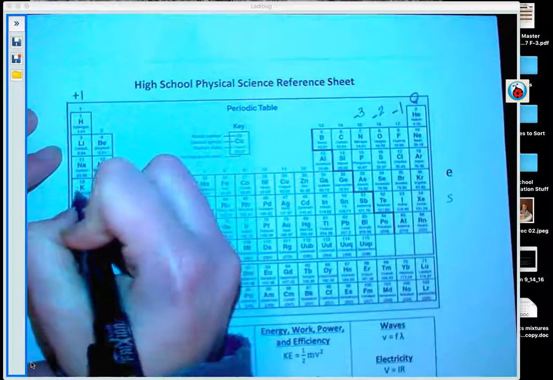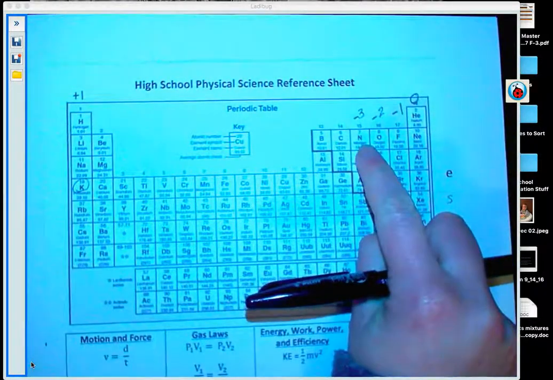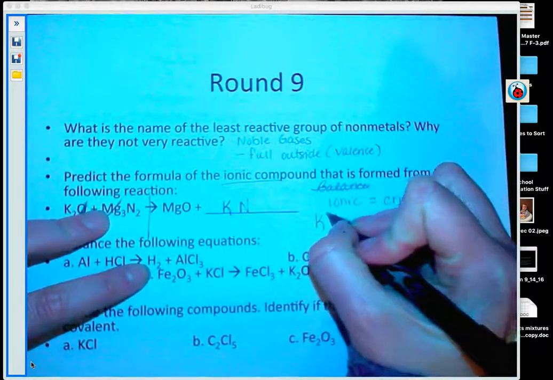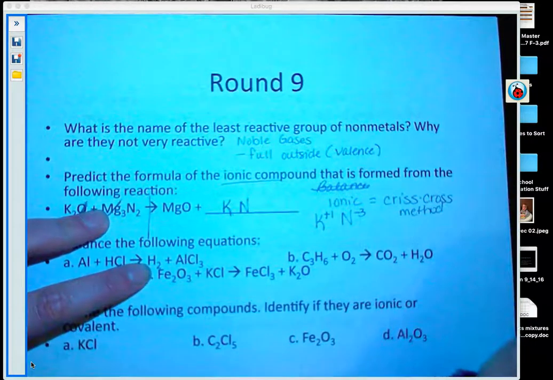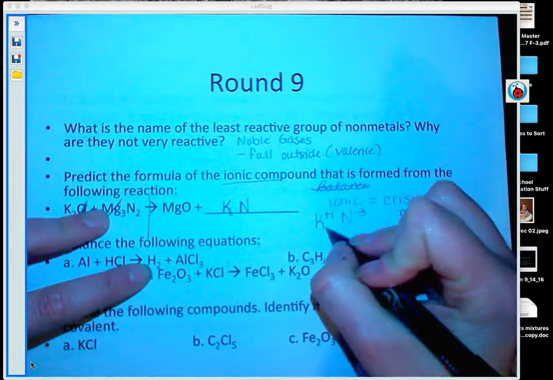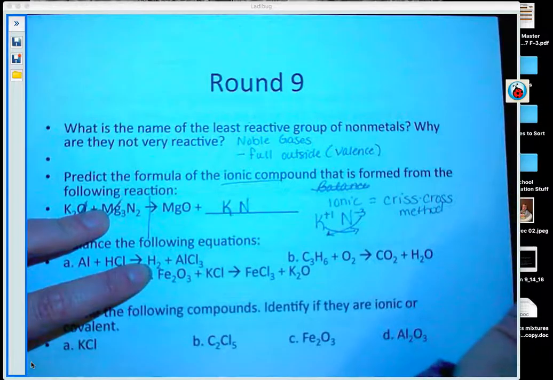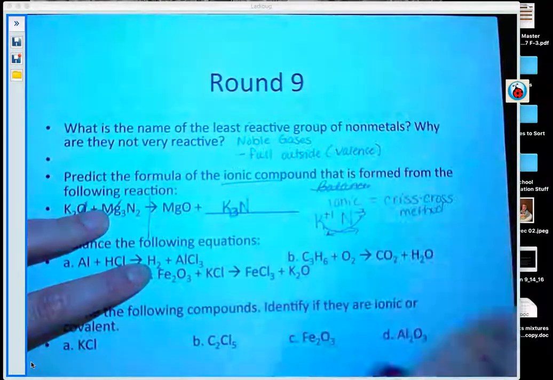So that means potassium is right here. That's a +1. Nitrogen is a -3. So I would write that over here, that potassium is a +1 and nitrogen is a -3. Now remember, we're going to drop our charges and crisscross them. So I'm going to take the 1 over here and the 3 over here without their charges, and so it's going to be K3N.